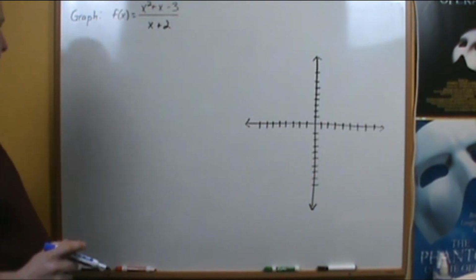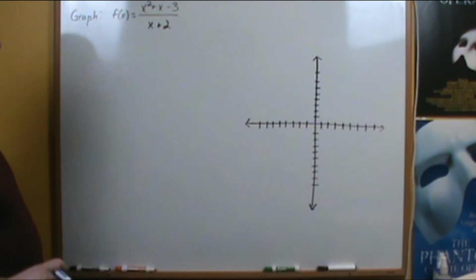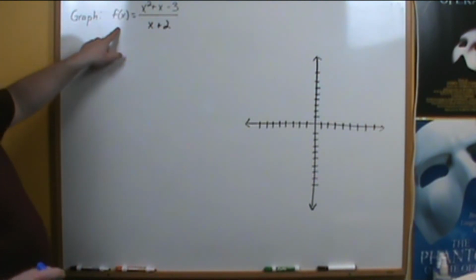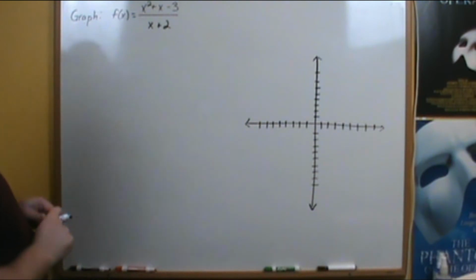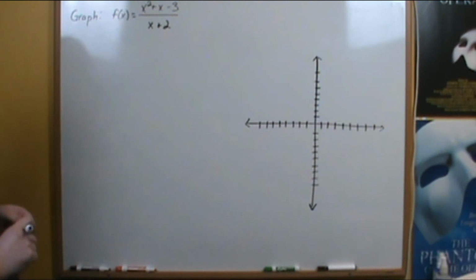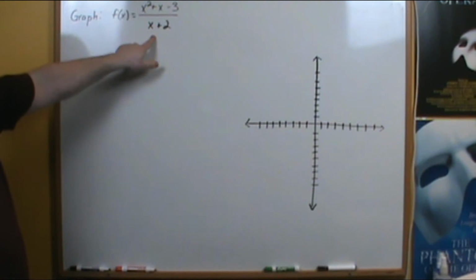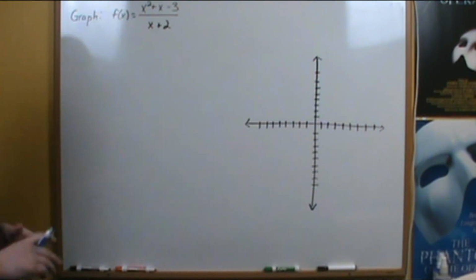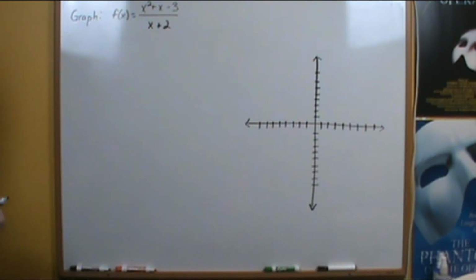Right, so last example for graphs of rational functions here. We have the function f of x equals x squared plus x minus 3 divided by x plus 2. Let's start off by finding a domain restriction, especially with the denominator. We'll find our vertical asymptote.